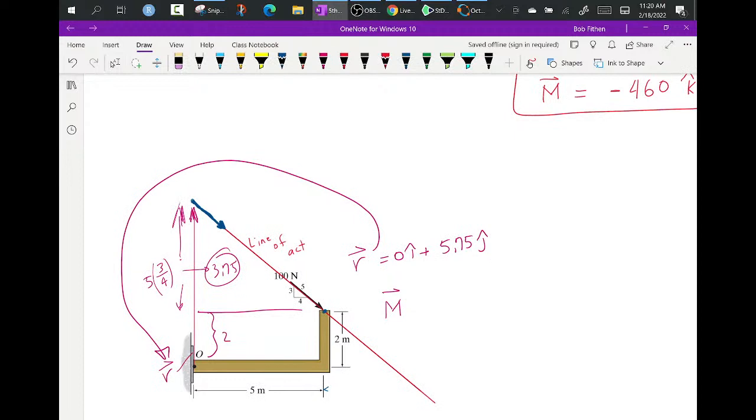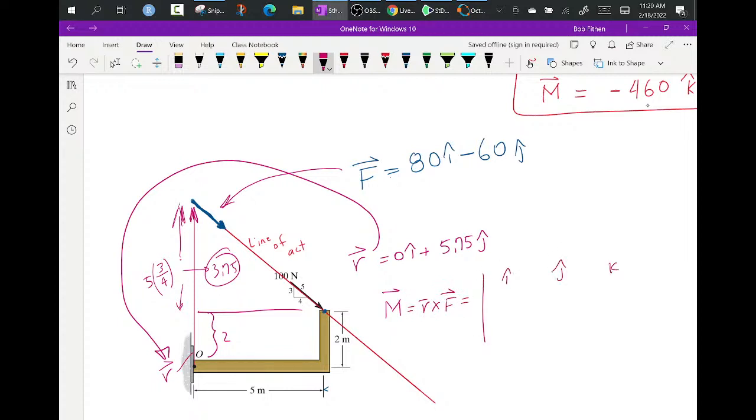I'll draw this and just put it right here. So this force is still that. Moment is R cross F, which is I, J, K. Put the R in here now. It's 5.75 and nothing. And then I still put my 80. I still put my minus 60.